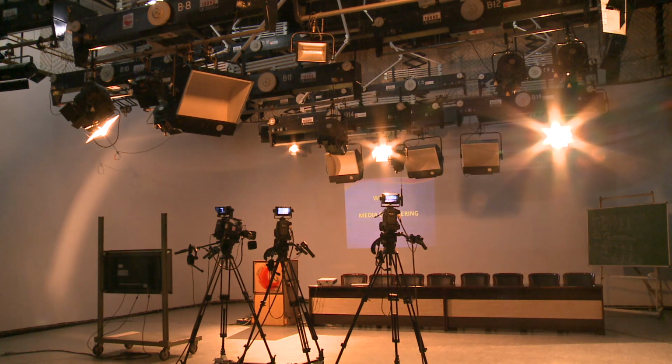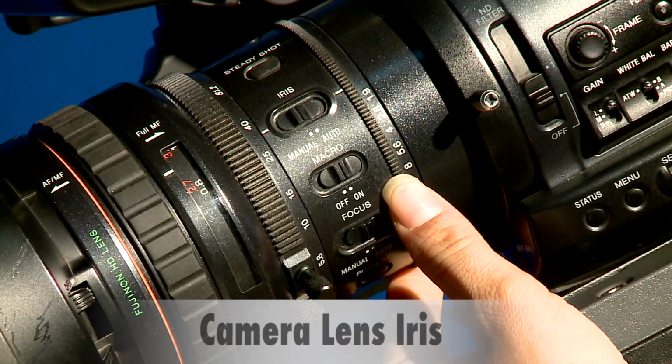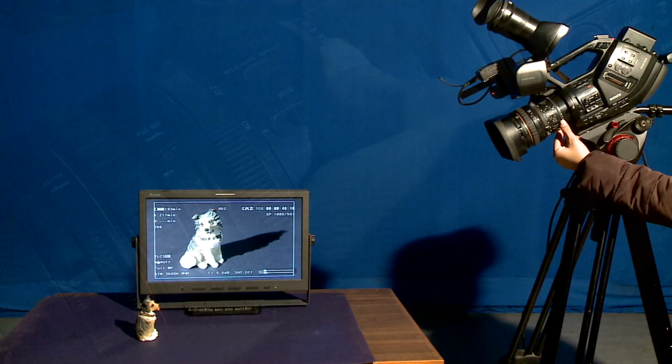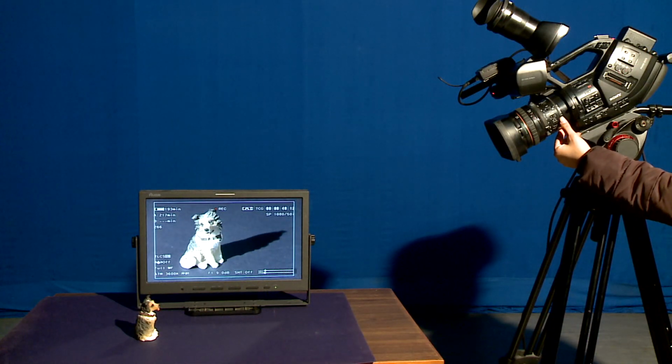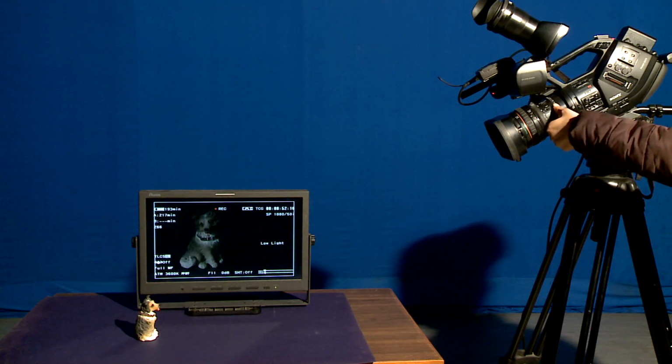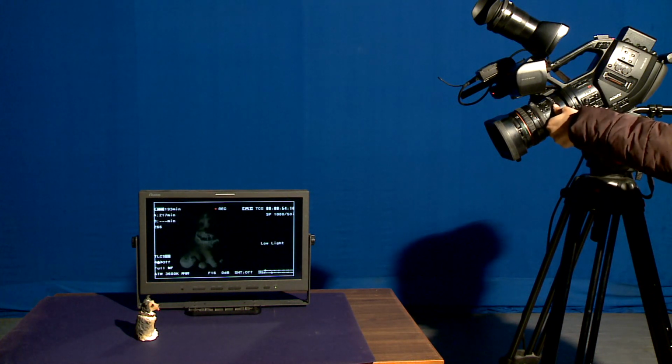But it is suitable for overall variation in the intensity of light. Camera lens iris. If we want to increase or decrease the overall intensity of light, we can do so by adjusting the iris ring of the camera lens.